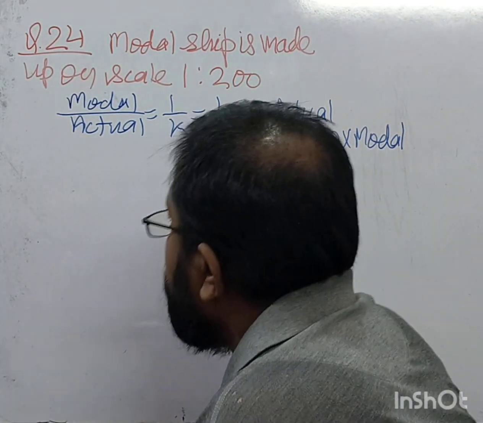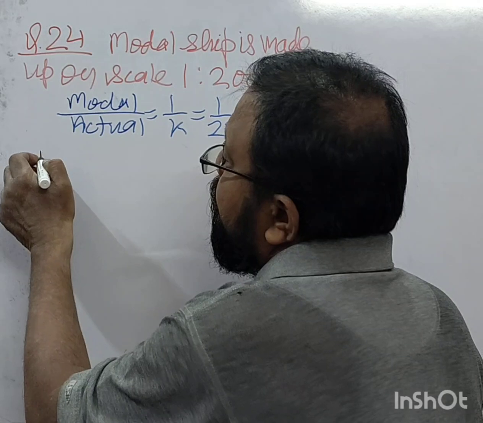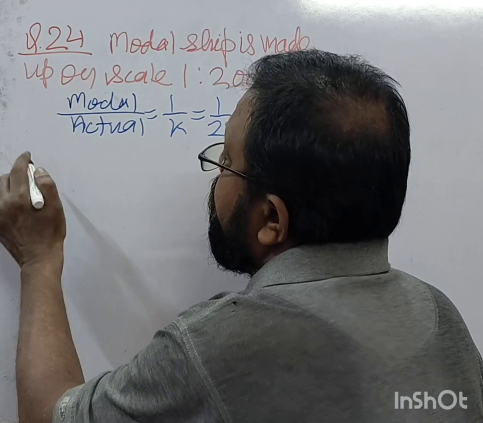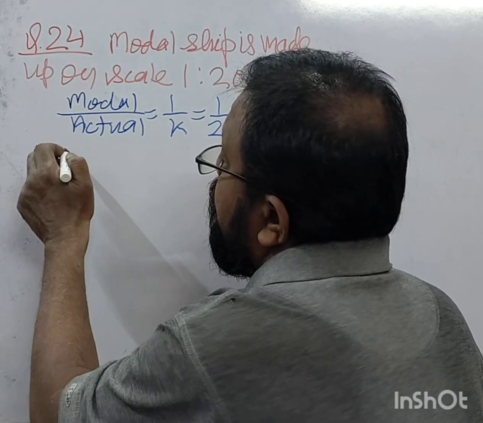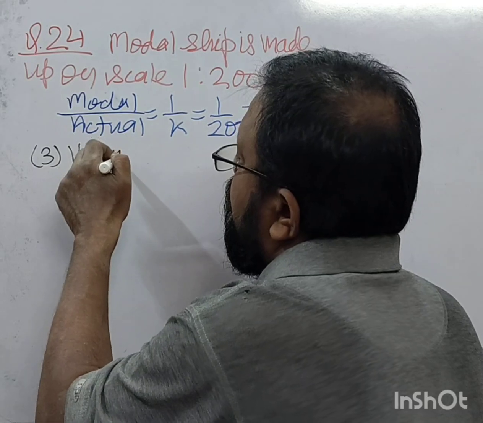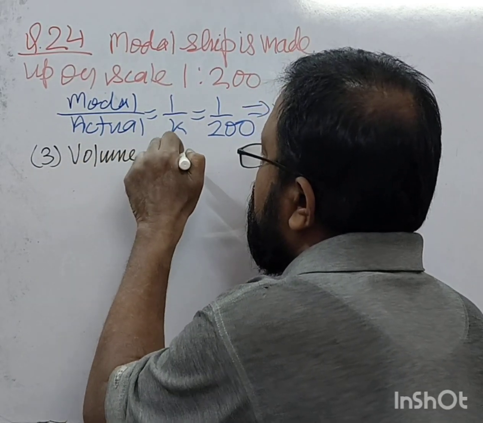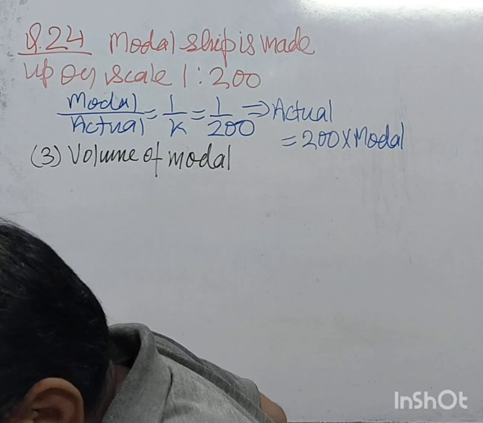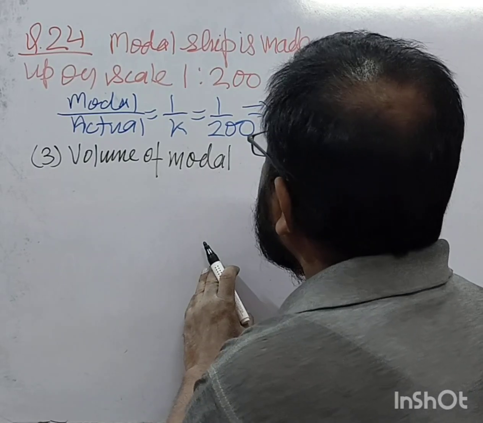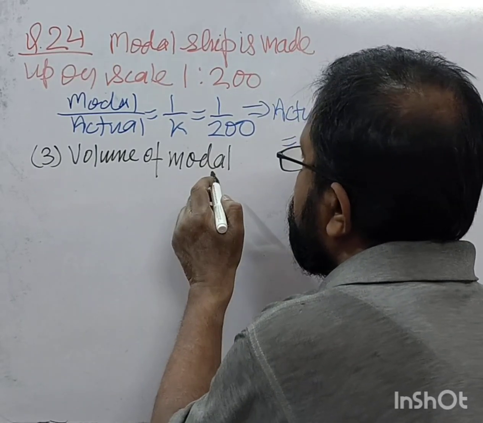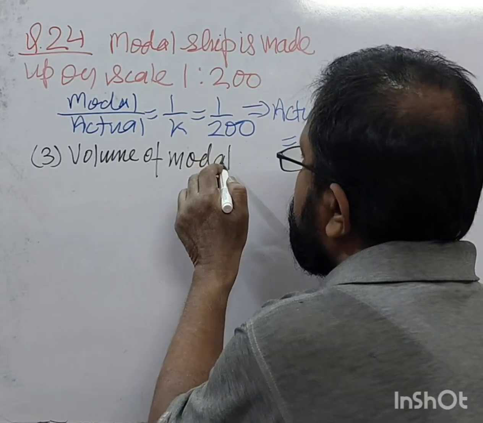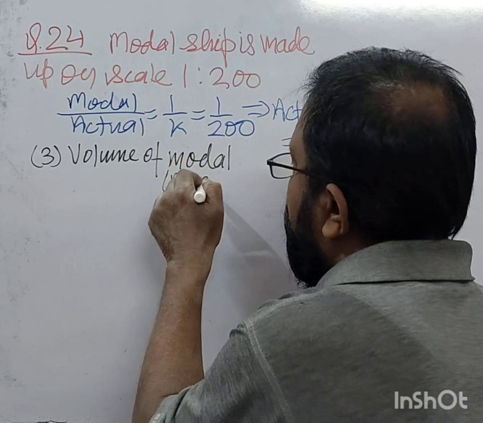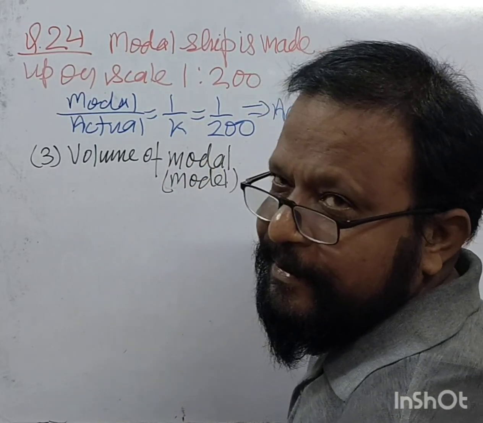So if the volume of model, this is part 3, the volume of model, my spelling is wrong, it should be model, right?